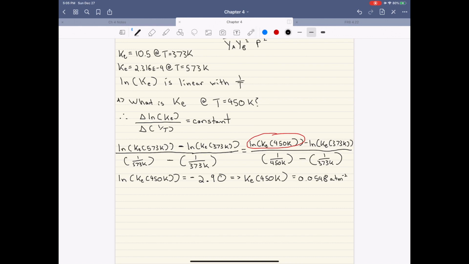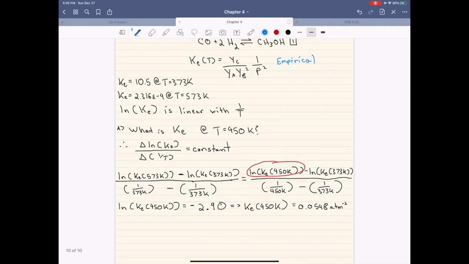Now the units I'm writing here, it's not quite apparent where that came from, but basically if you look back at the equilibrium constant equation that we're given, which is an empirical one, you see that we have a pressure term in the bottom, 1 over P squared. All these mole fractions here are going to be unitless, and so really the only units we have for this equilibrium constant come from that pressure term.